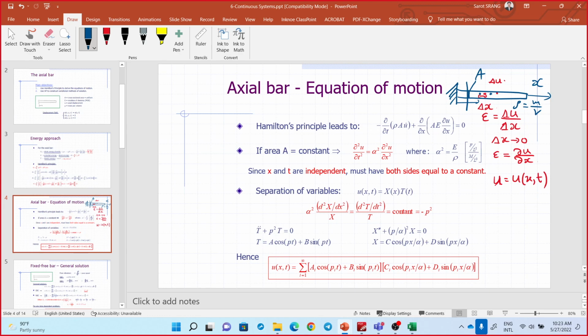If A is uniform and the density is also uniform, and if the bar is composed of one material type only, then E is constant. Then this equation can be rewritten as this, where alpha is the ratio of Young's modulus and density.